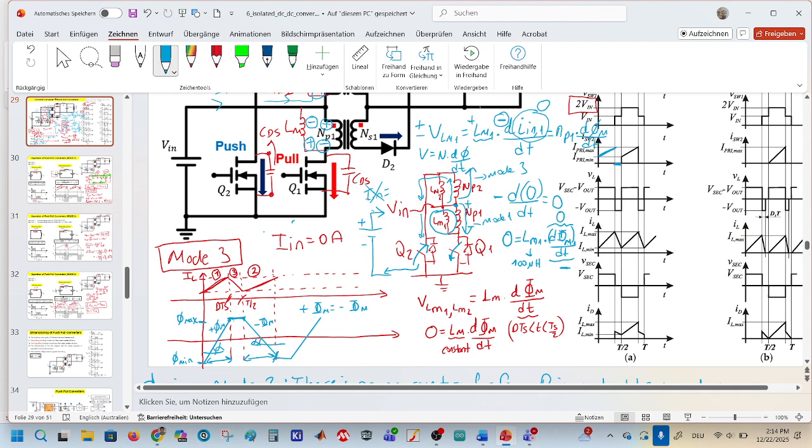And again, here, this is the third operation mode. It doesn't change because both of the switches are now off.